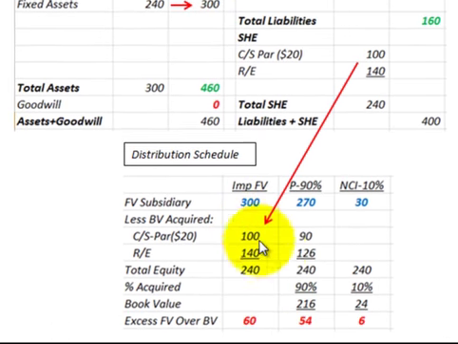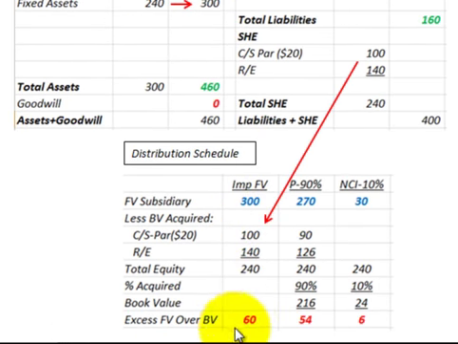So going back down to our distribution schedule, that excess of the fair value over the book value for the balance sheet for the subsidiary in this case would be $60,000. And of course all these amounts are proportioned out between the parent and the non-controlling interest.